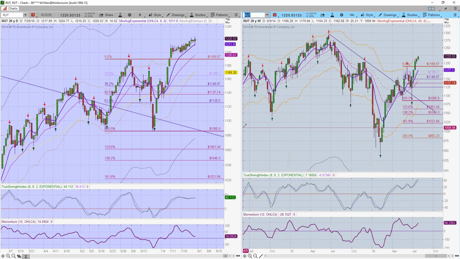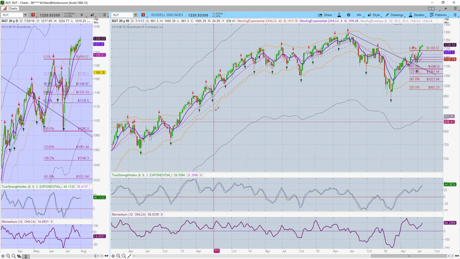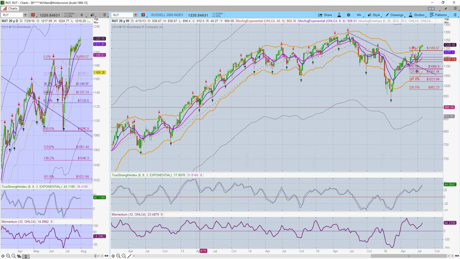We expand the Russell on a weekly basis. Let's just take a look longer term on this. And as you can see, it can get into a situation where it will ride that Keltner channel all the way up, but you're looking for those pullbacks to either the 8-week moving average and or the 20, and those are your periods where, once those happen, if we get a bounce off it, that would be a planned trade for the Russell.